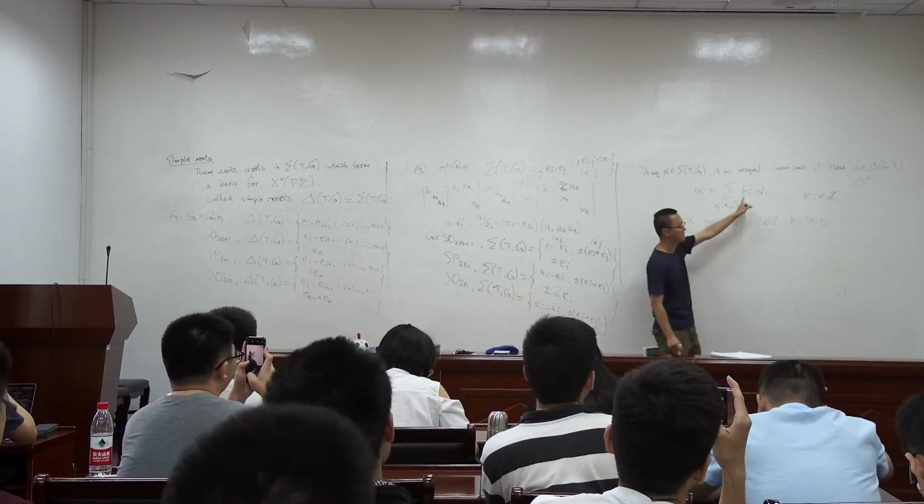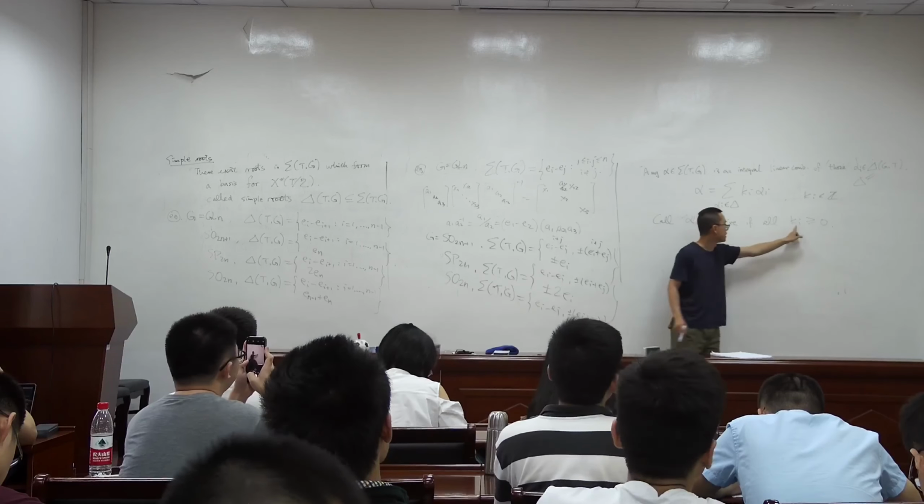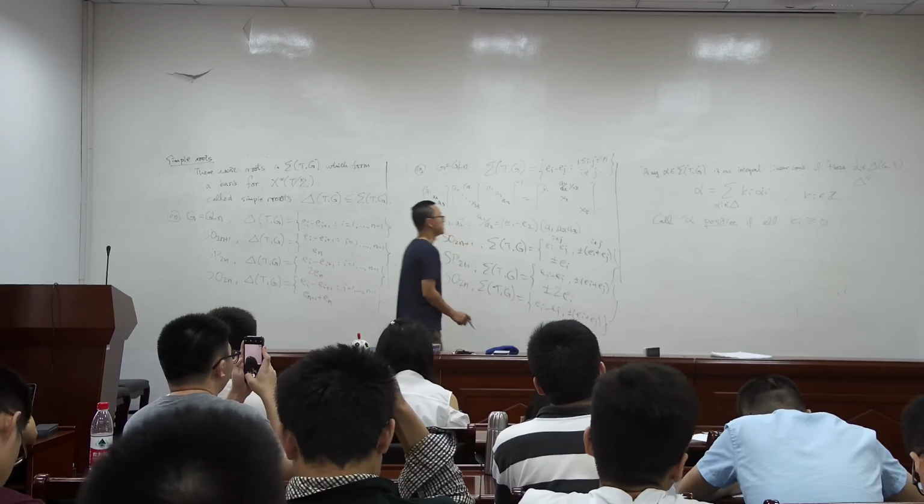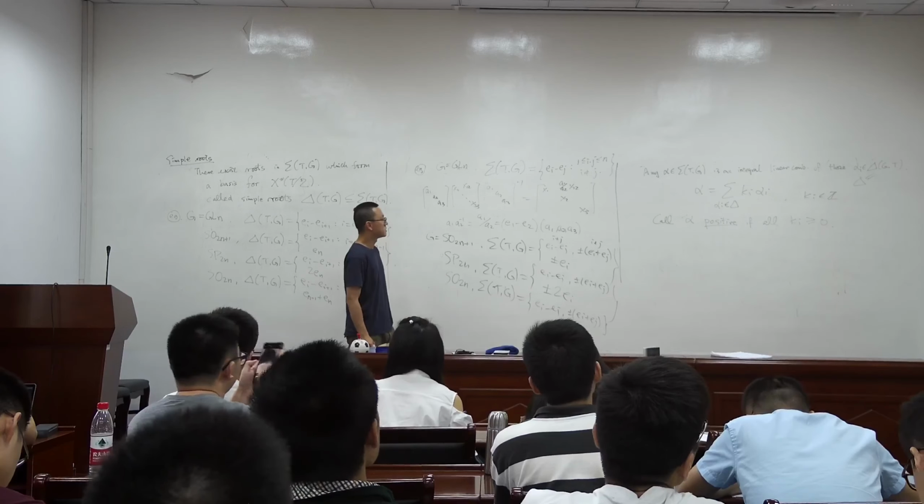If alpha is a positive root, we cannot have all entries 0, because we don't have a 0 root in the root system.